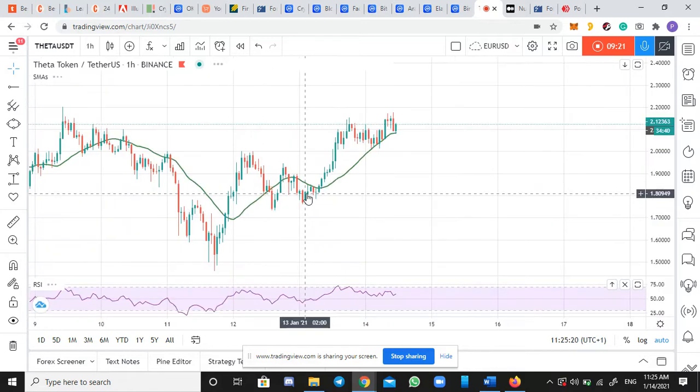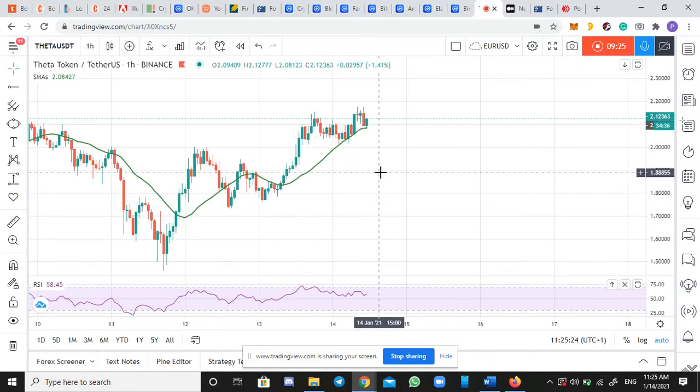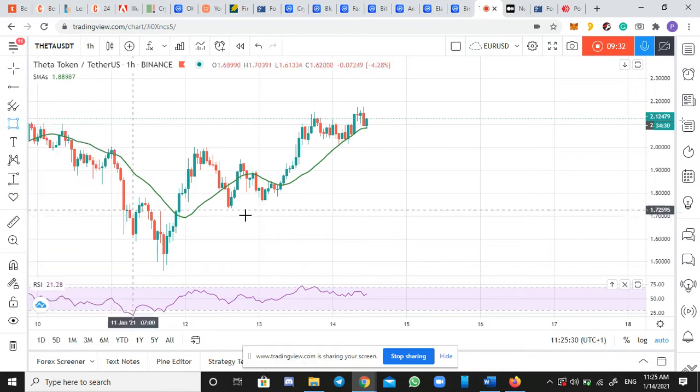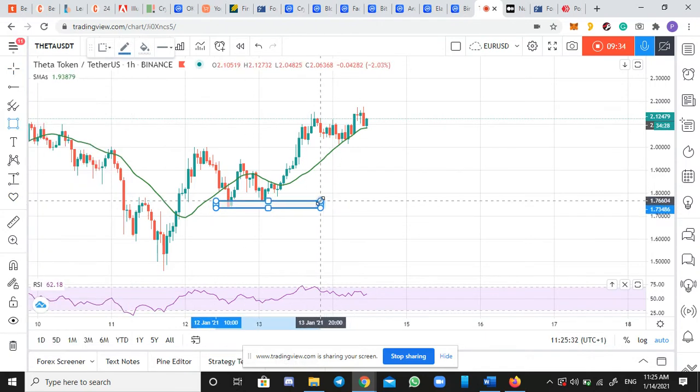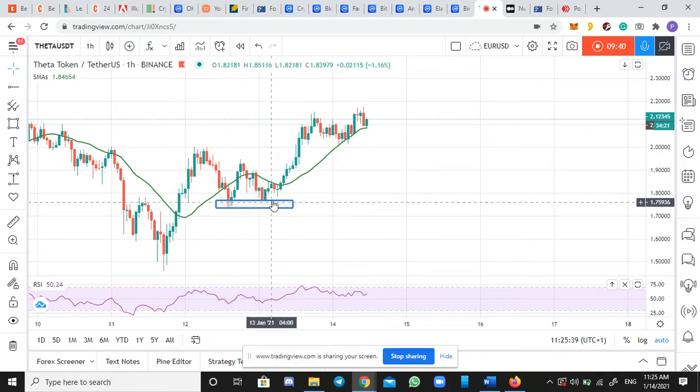Okay, so this is the hourly time frame. What can I pick from here? Okay, I can pick this. It is still a double bottom, but the two bottoms are not in the same zone.